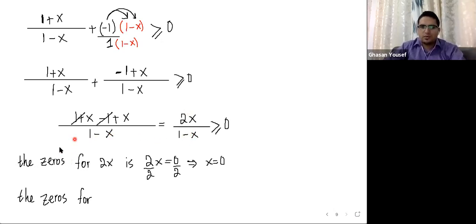Now we have to do step number 2, find the zeros. To find the zeros, I have to find the zero for the numerator and the denominator. So what is the zero for 1 minus x?